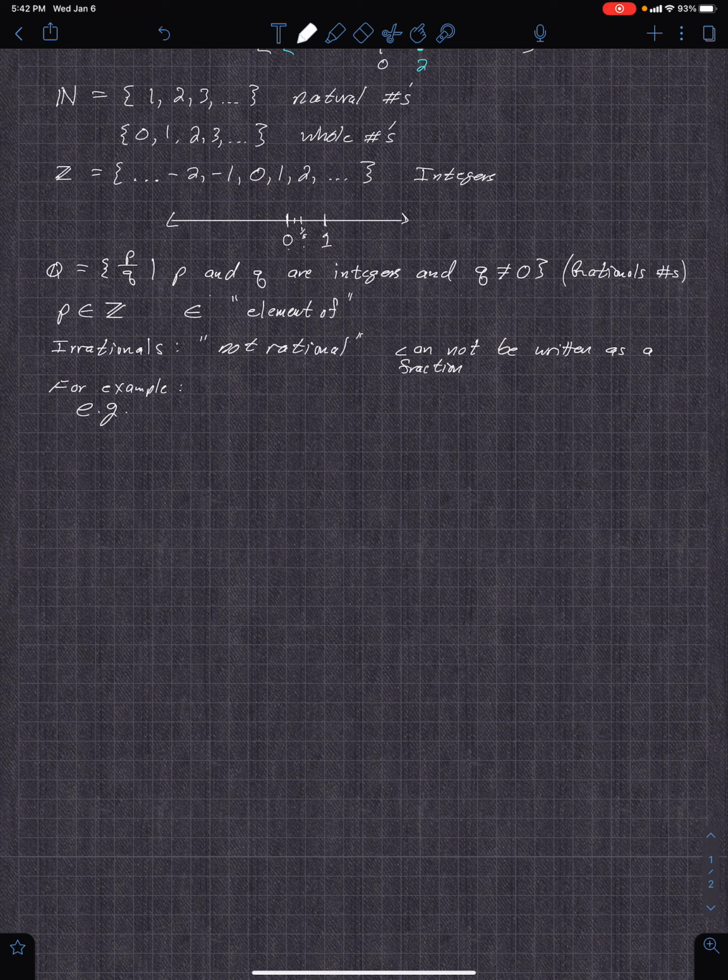I'll use that later. So numbers like pi, e, those are irrational, and those are actually called transcendental. They're a different classification. Then you have the square root of, say, 2 or the fifth root of 7. Those are all irrational.